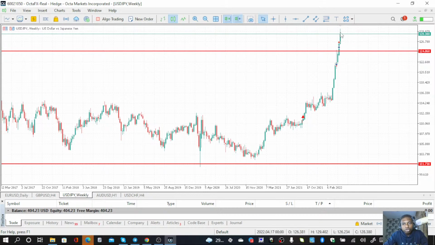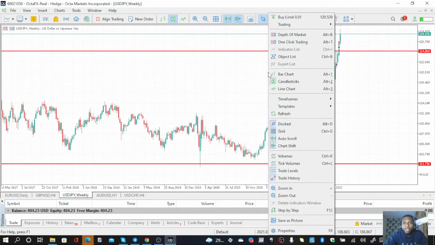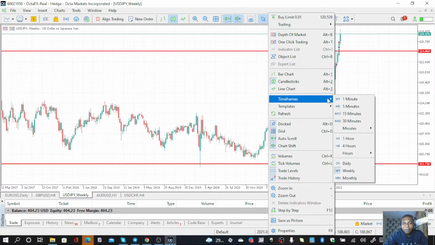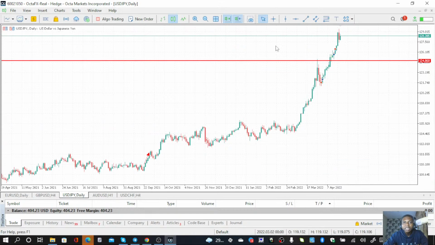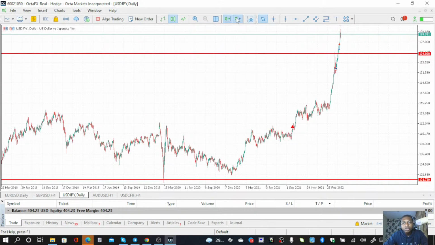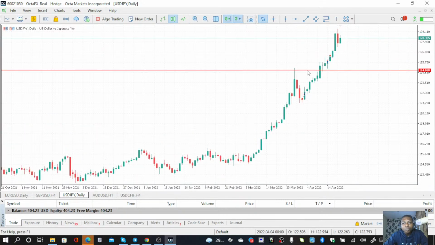Looking at this trade, there might be a pullback, but how do we make sure we get confirmation that there will be a pullback? We go to the daily time frame. On the daily time frame, this is the level via which the market broke the resistance level, and the market broke it to the top.